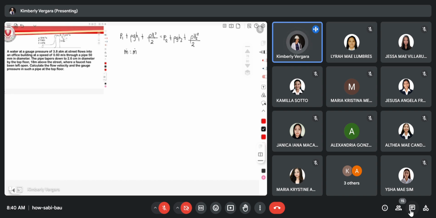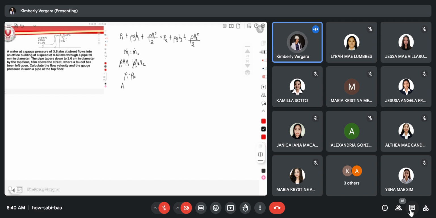So our formula for the mass flow rate is rho A V. But in this problem, we have a constant density, so rho 1 is equal to rho 2 and we can cancel our density.